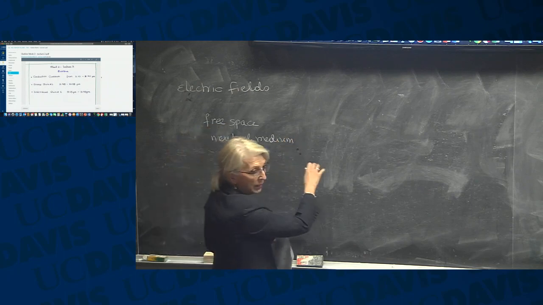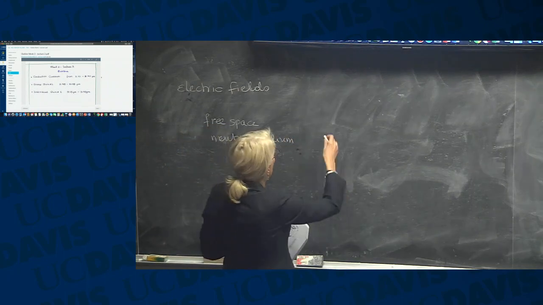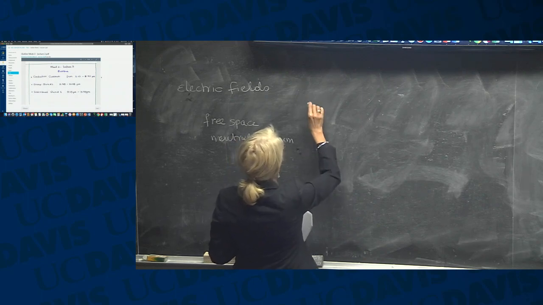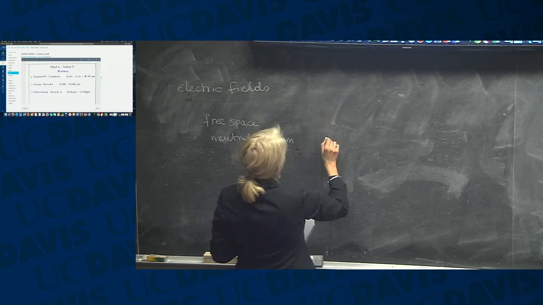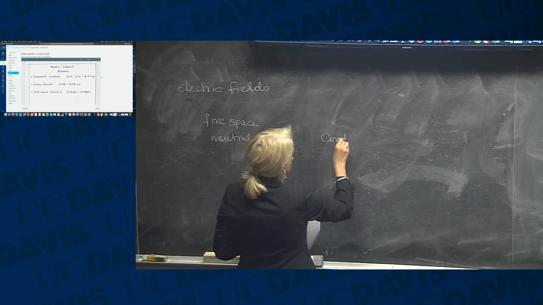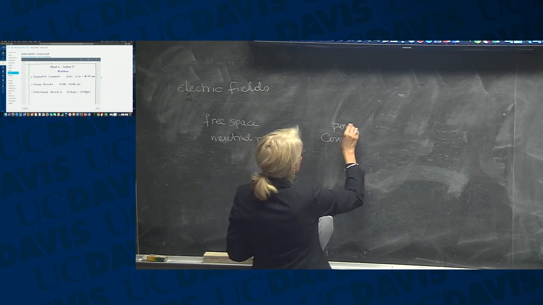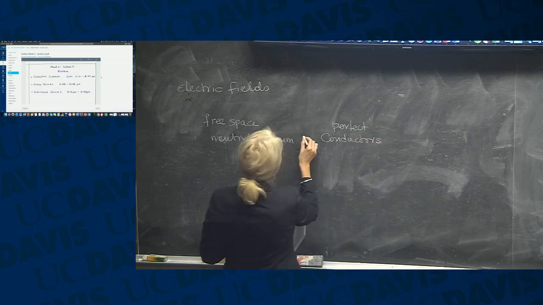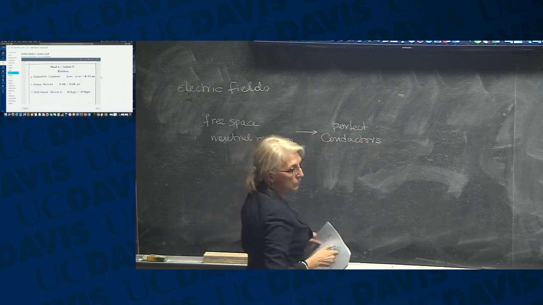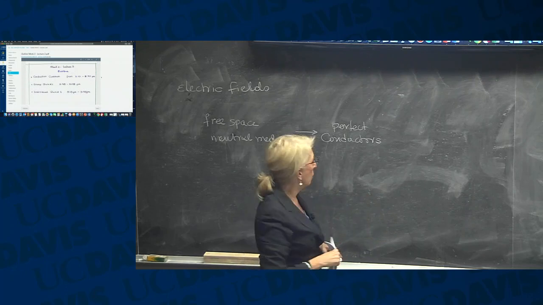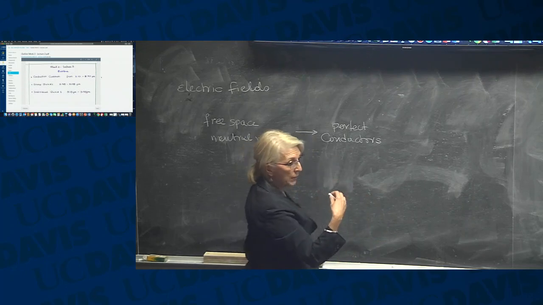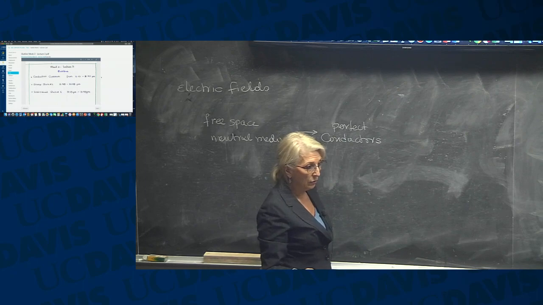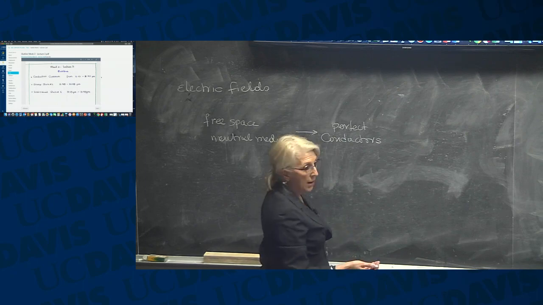While we were with that and we brought charges into the medium, then we started adding conductors, and in fact, perfect conductors. So from this, we went to perfect conductors. And in there, we assumed that there are a lot of electrons that flow around.